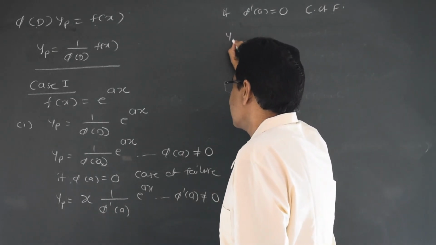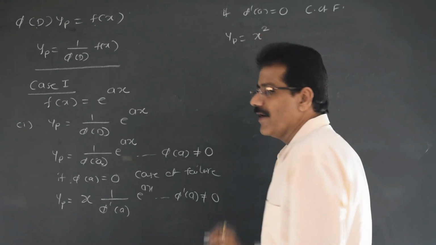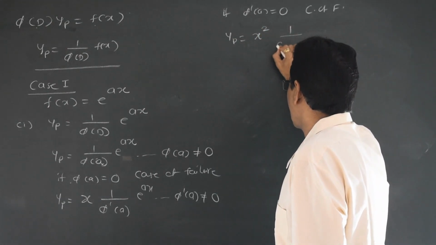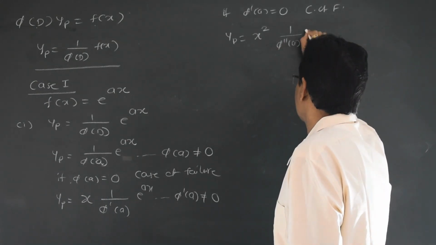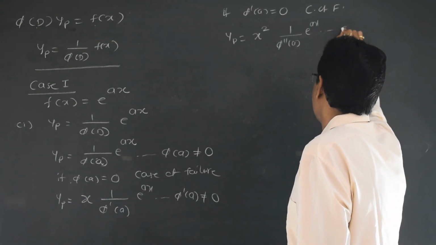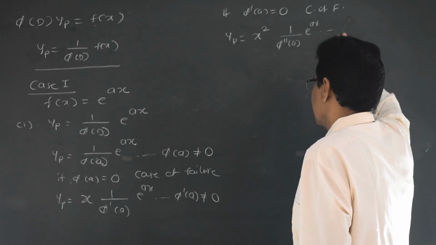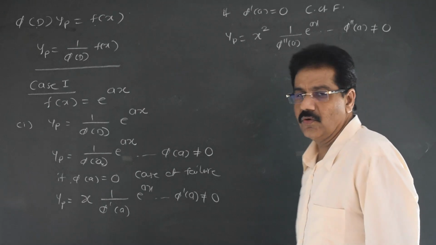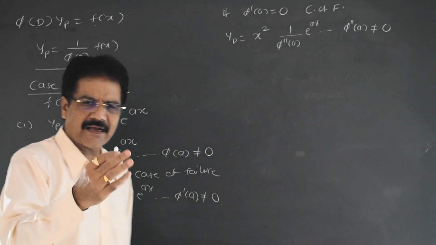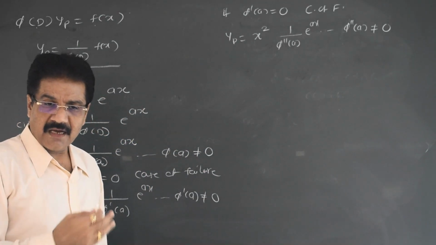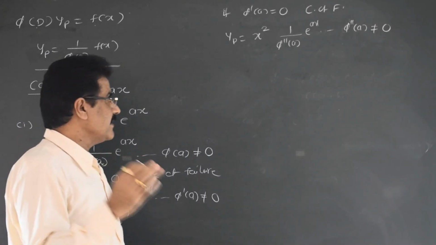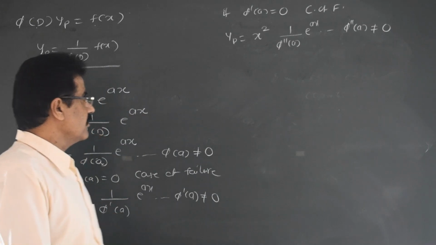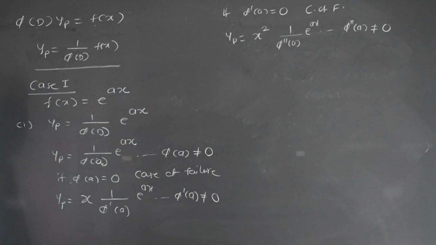So in that case, again we introduce one more x, and we write that as x square 1 upon phi double dash of a e raised to ax, and then again phi double dash of a is not equal to 0. Then we can continue until we get a finite, non-zero term in the denominator. Up till that you can continue.